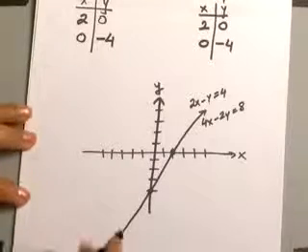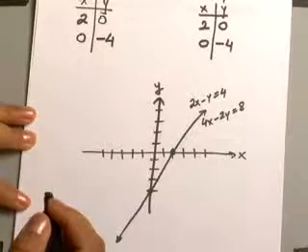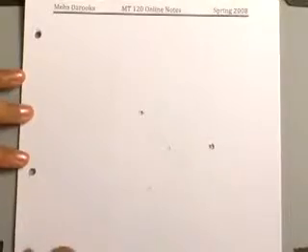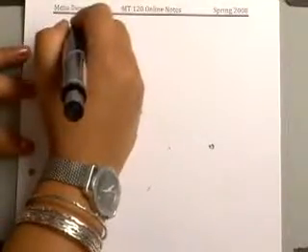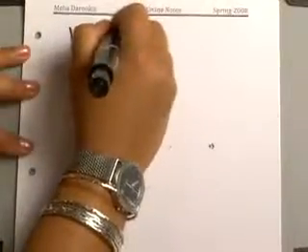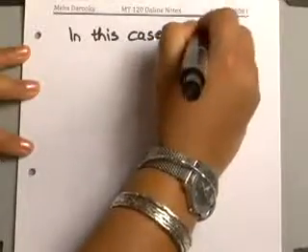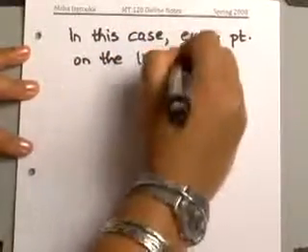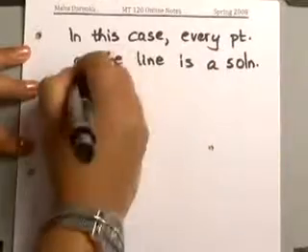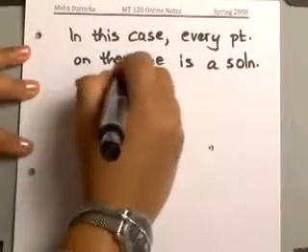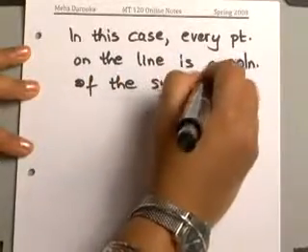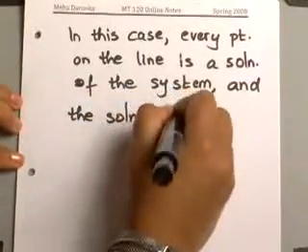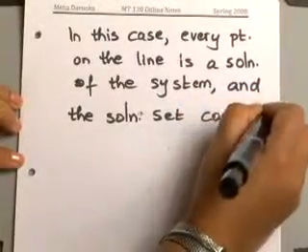Okay, so let's go ahead and write that down. So as I said, every point on the line is a solution of the system, and your solution set contains an infinite number of points.